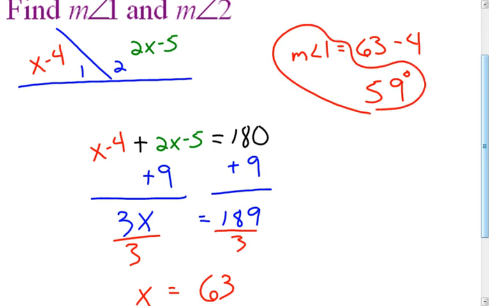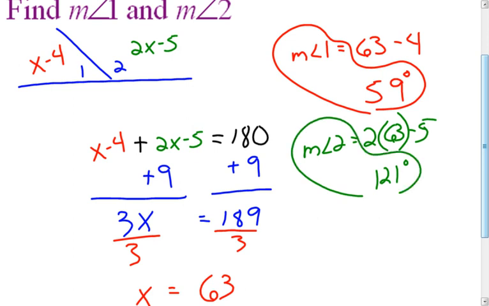Move on to the measure of angle 2. Well, the measure of angle 2 is 2 times 63 and then minus the 5. Well, 2 times 63 is going to put me at 126, and 126 minus 5 is 121 degrees.